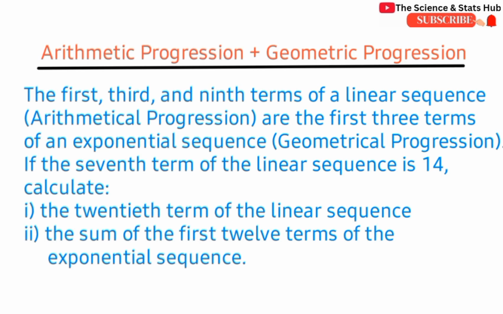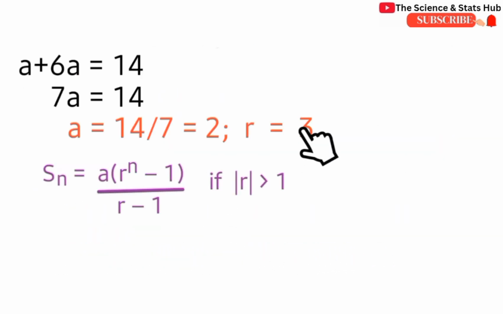Now, let's answer part II of the question, which asks us to calculate the sum of the first 12 terms of the exponential sequence. Since the R value being 3 is greater than 1, we use this formula to find the sum of the first 12 terms of the sequence: A multiplied by R raised to power n, minus 1, divided by R minus 1.